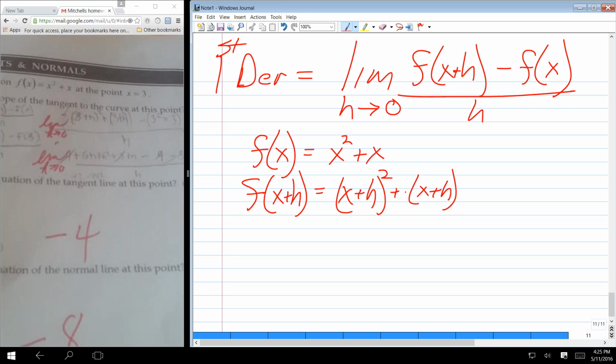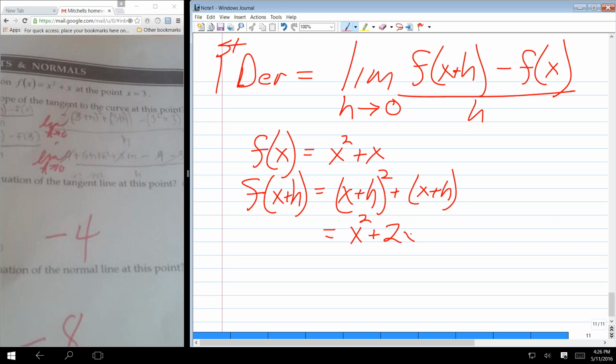Now let's expand that, because part of this process is you always have to expand this. You can't simplify the numerator until I've expanded this f of x plus h. So let's expand it. X squared plus 2xh.